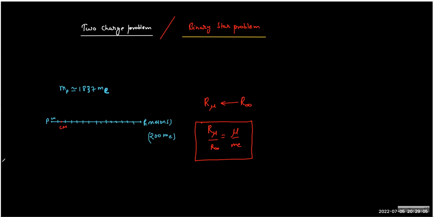Similarly, we have the binary star system. Okay, so I would say, and we have something called the barycenter in the same fashion. I don't write the right spelling. All has to do with binary. Okay.